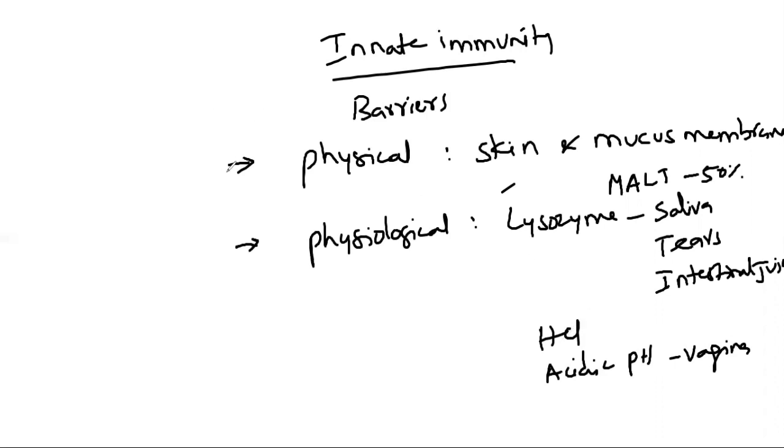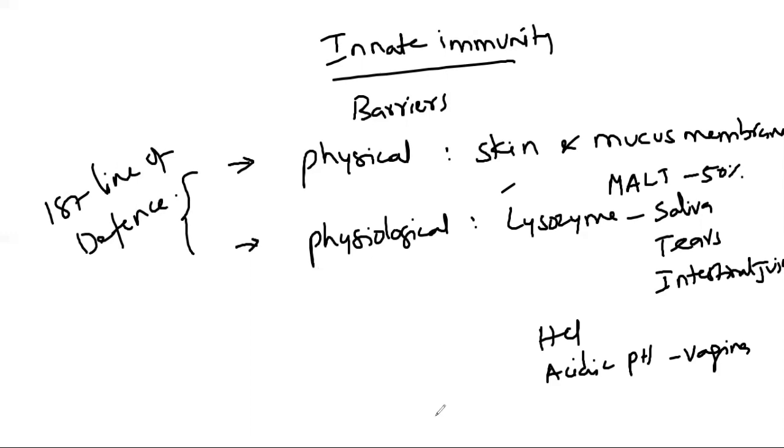So the skin, mucous membrane as physical barriers, and lysozymes, HCl, pH of vagina, all these come under the physiological barriers. Now here the physical and physiological barriers together are considered as the first line of defense. So physical and physiological barriers come under the first line of defense.